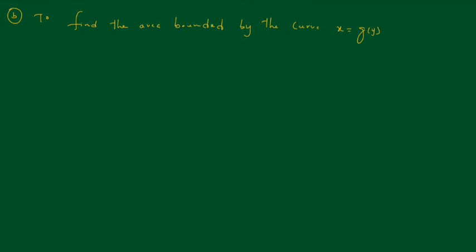In the earlier case we took y equals f of x, but now in this case we are taking x equals g of y with the y-axis and the lines y equals c and y equals d.